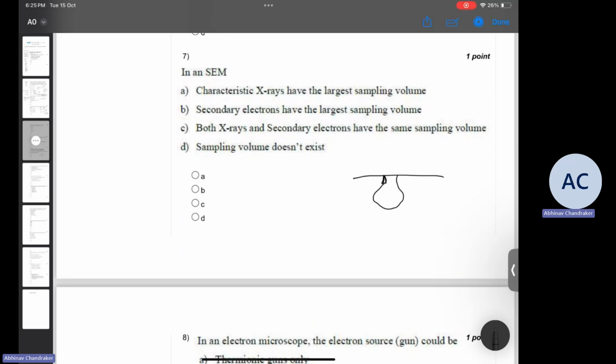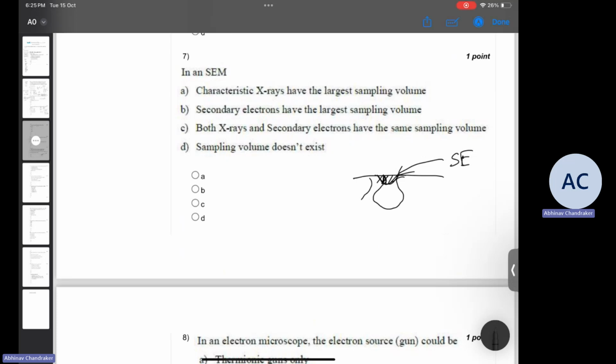So for example, the sampling volume for secondary electrons will be close to the surface. From this region in the specimen, the secondary electrons will be able to get emitted and get detected by the detector. So this is the sampling volume for the secondary electrons.